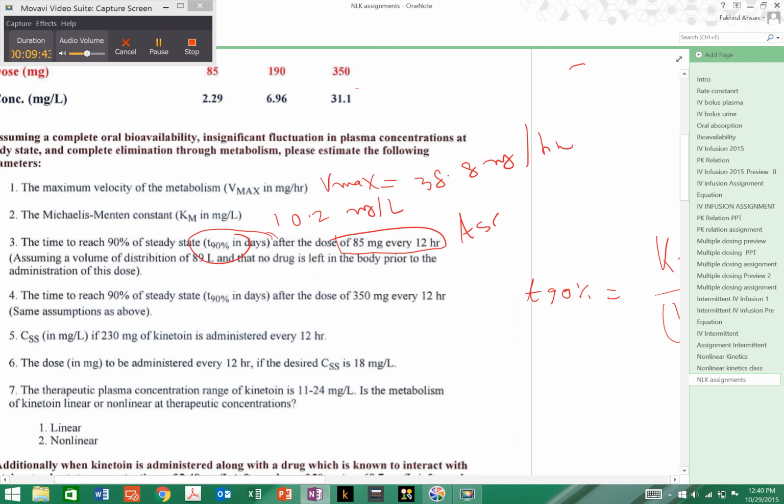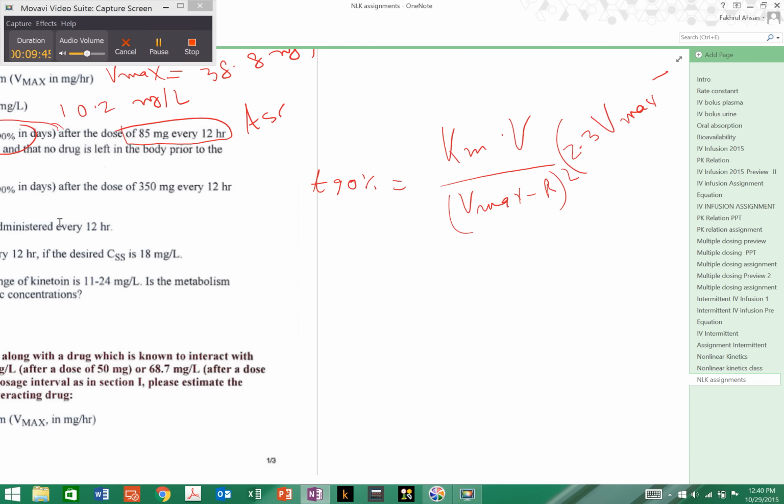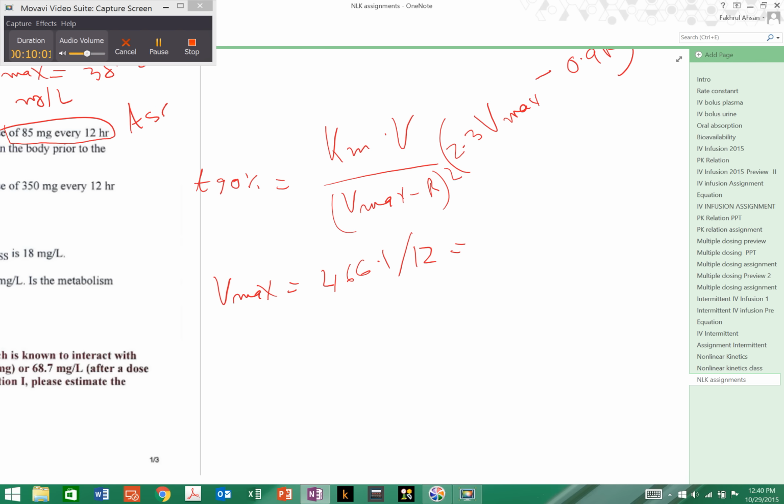So the first thing we're going to change is Vmax. Whatever it says, we got 46.1 per 12 hours, which is going to be 932 point something per day. This would be your Vmax.